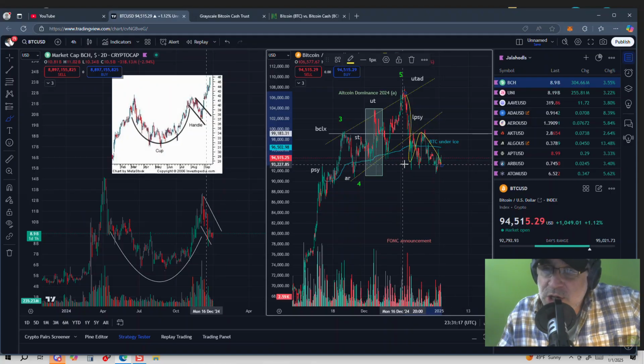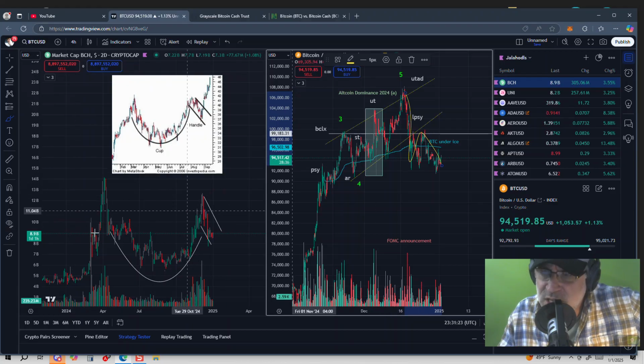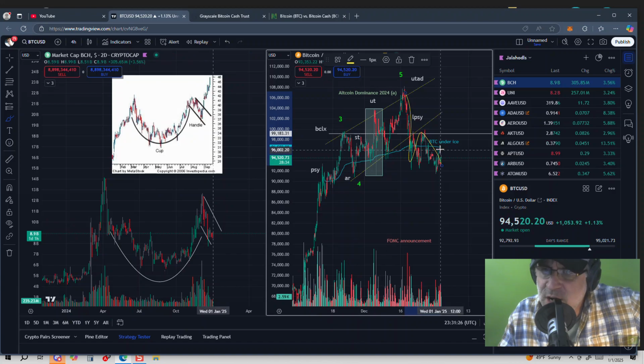Now, the big question, and this is all in relation to plotting and wondering if we want to take a long position in Bitcoin Cash, is what Bitcoin is going to do at this precise juncture in time.